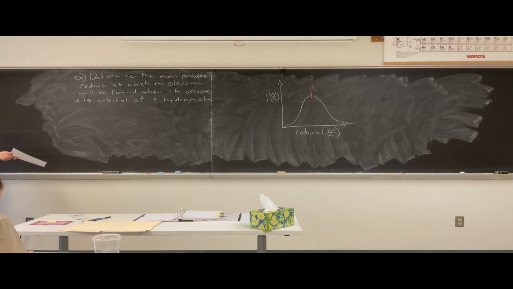I already told you the answer. What's the answer going to be? Yep, it's going to be the Bohr radius. But we have to think about ways to show that mathematically.